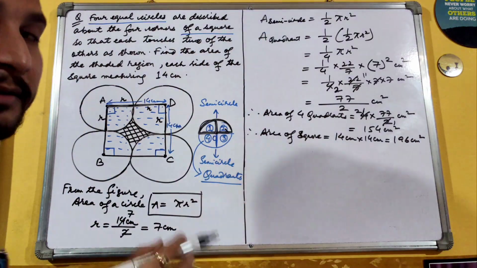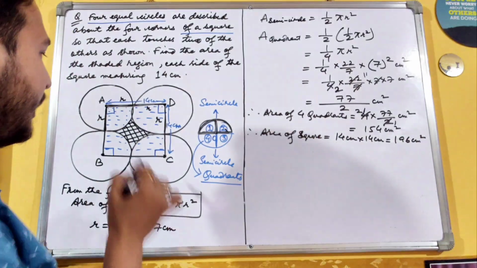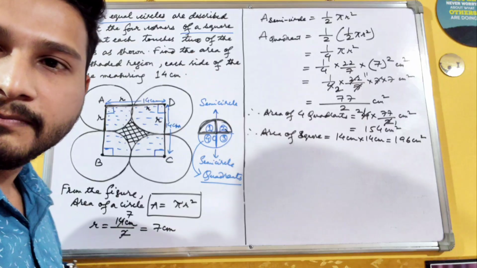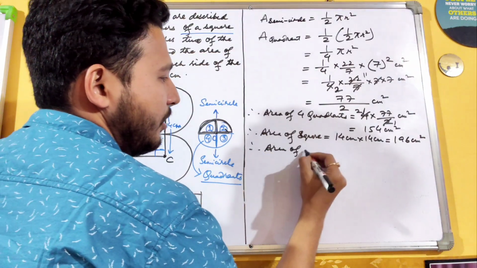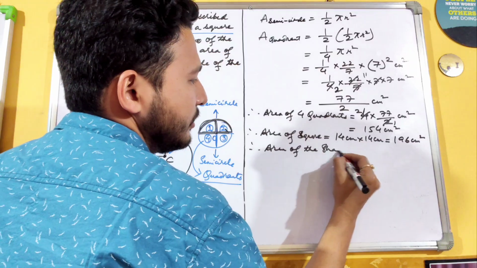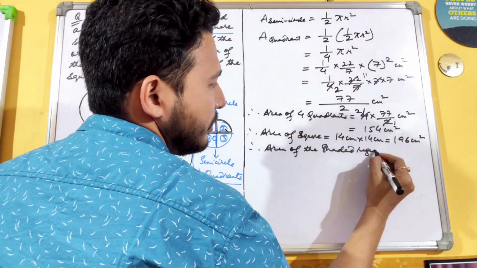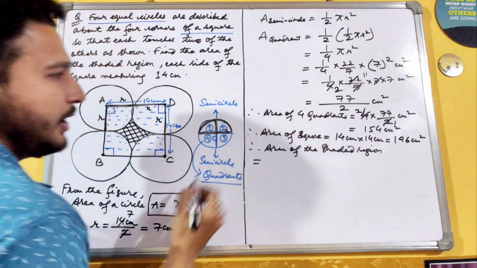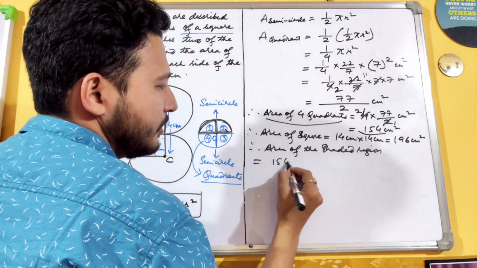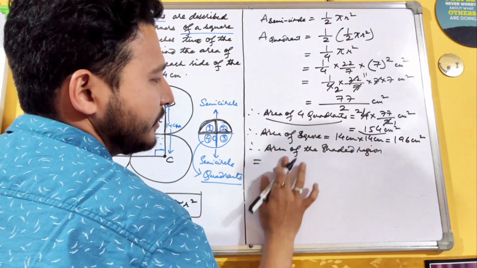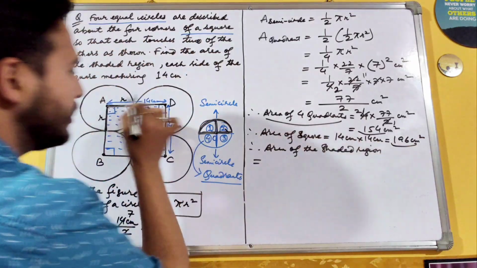Now the main part, which is to find the area of this shaded region. Therefore, the area of the shaded region is the area of the square first, because it's bigger.